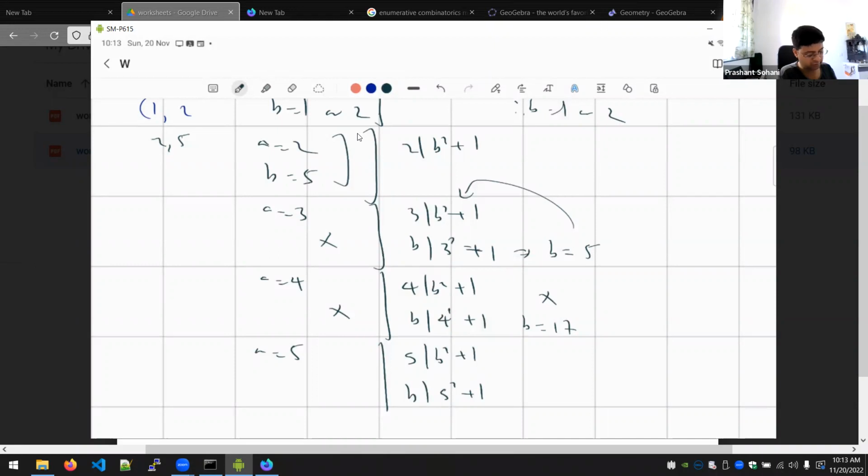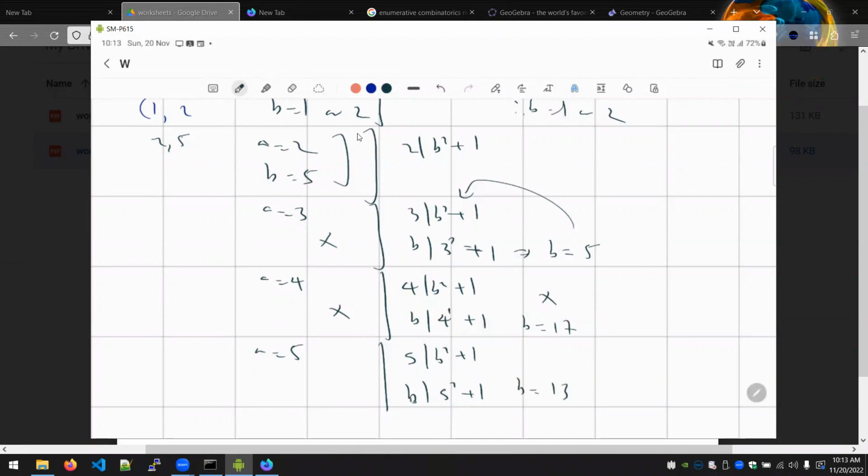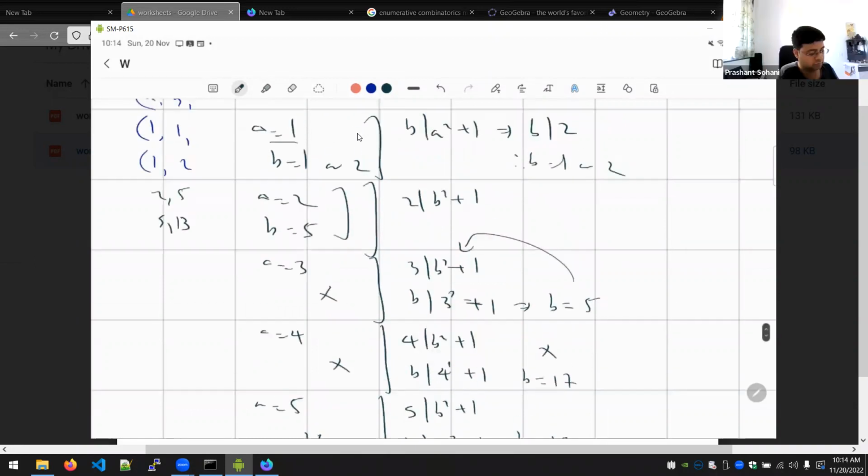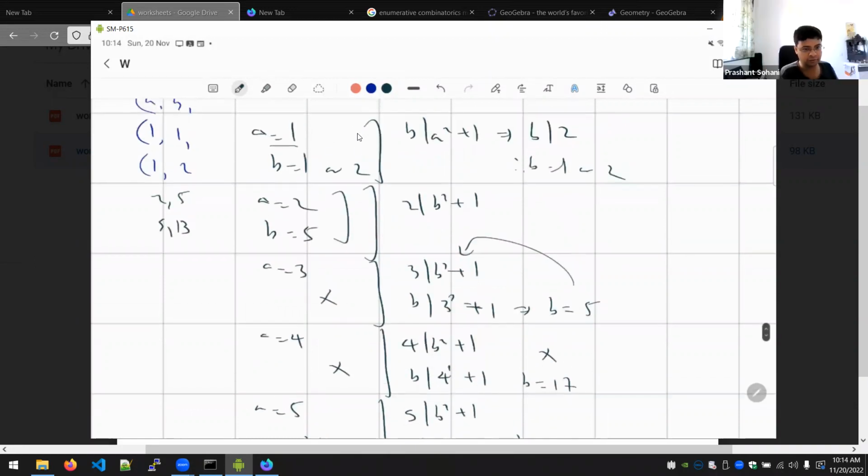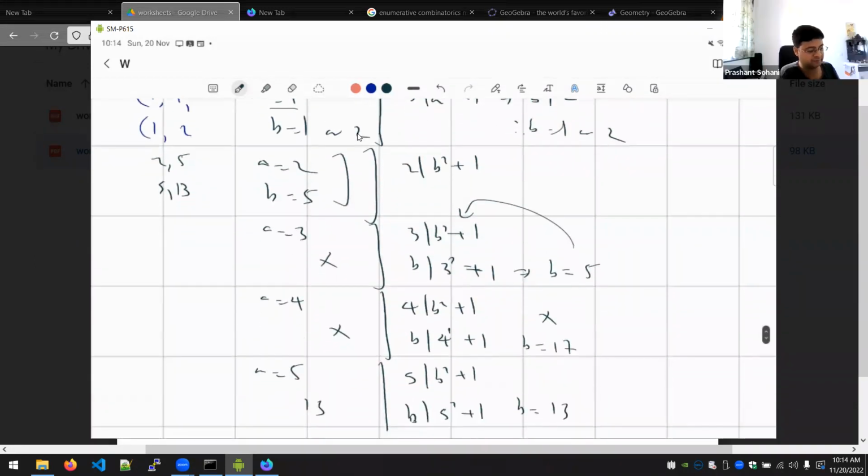So are you getting a solution here? B is equal to 13. Yes, sir, we get the solution. So how many values do you want to try before you can start seeing there is some pattern?